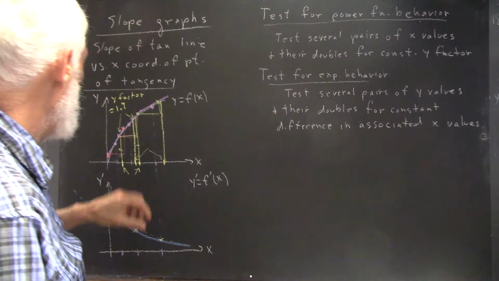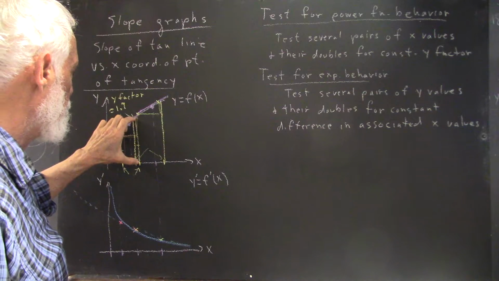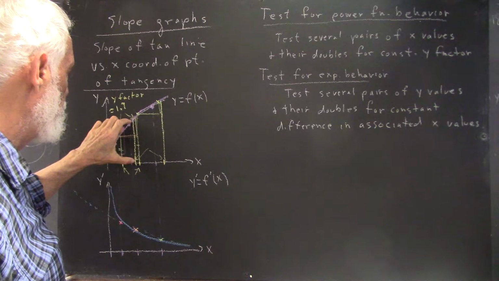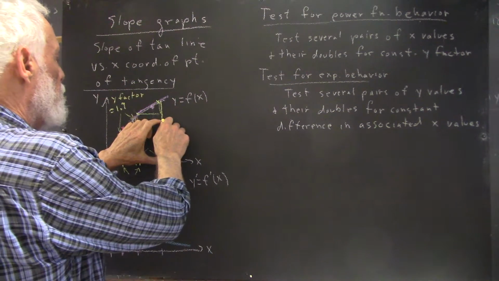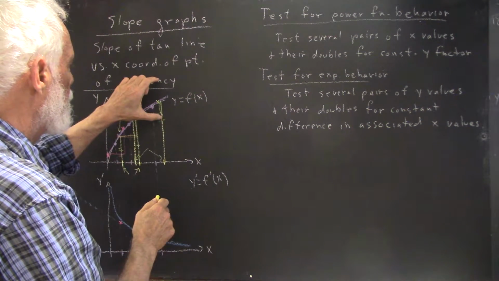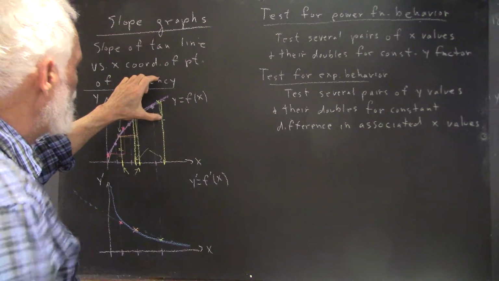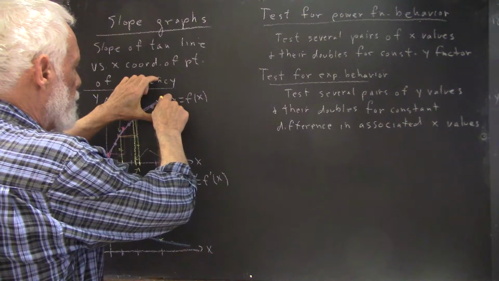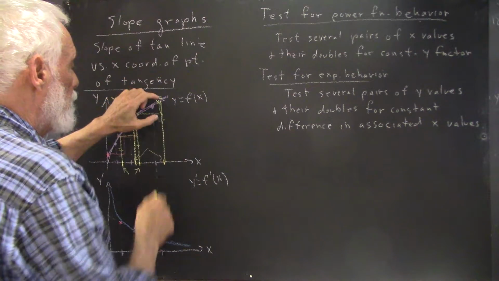Now let's see what the y factor is between here and here. Okay, so let's see, the y value is here. If I come over here, there's the y value. Can kind of mark that. And if I come up here, y value would be way up here. Now, if I cut this interval in half, I get a y factor of 1.5, which is going to be maybe a little above the graph.